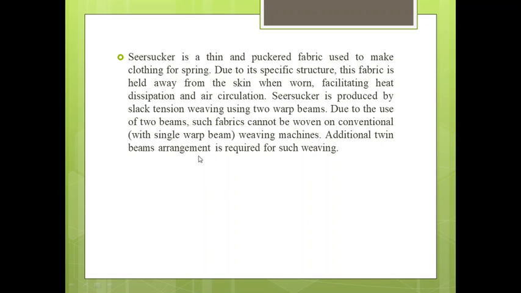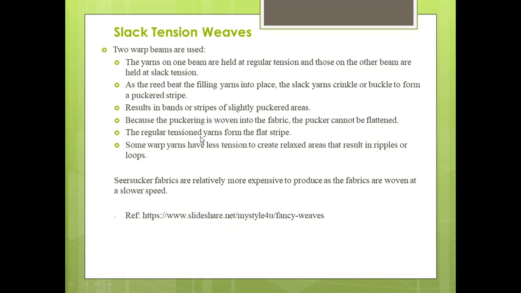An additional twin beam arrangement is required. In slack tension weave, the yarns on one beam are held at regular tension and those on the other beam are held at slack tension.